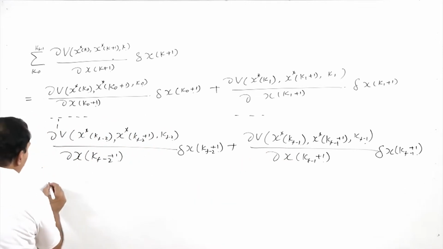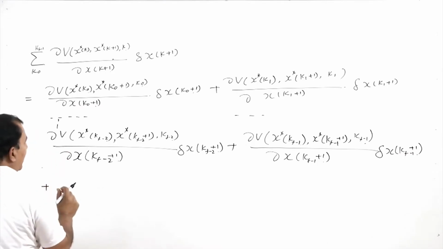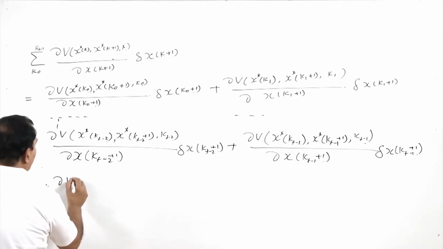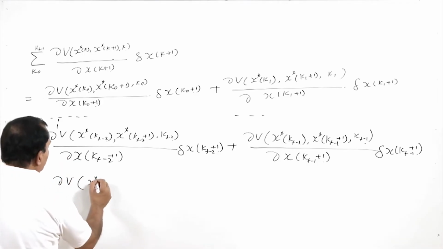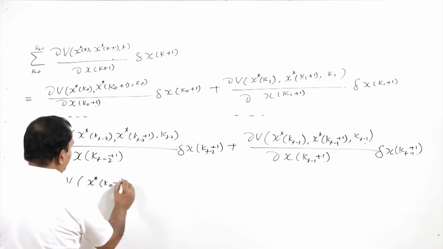So, in this, I will add two extra terms: one term I will add and subtract, which is del v, x star at k0 minus 1.